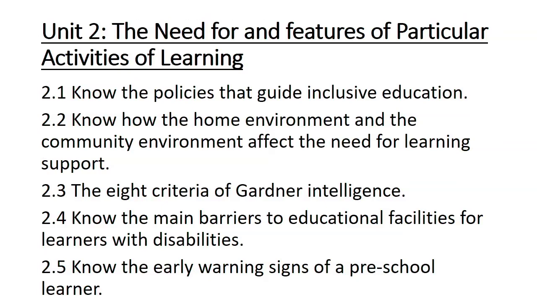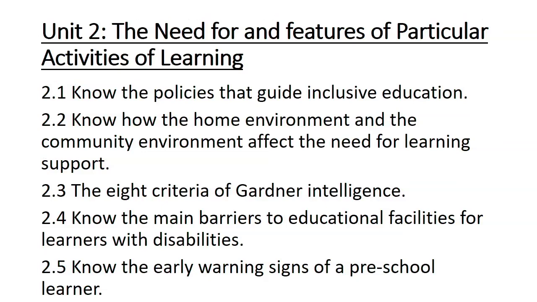Then we go over to Unit 2, the need for and features of particular activities of learning. Know the policies that guide inclusive education. There are different policies, so it is very important for you to know those policies. Know how the home environment and the community environment affect the need for learning support. Know the 8 criteria of Gardner's intelligence.